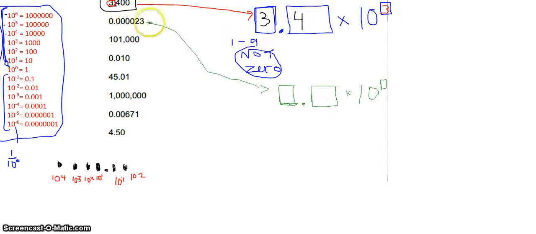Not this one, not this one, this one either. So we know it's going to be 2.3. Okay, so let's look. This is in the 1's place. This is in the 1/10, that's a -1, -2, -3, -4, -5. 2.3 times 10 to the -5. Okay, so this is one example. I'm not going to make this any longer. This is the first two examples.